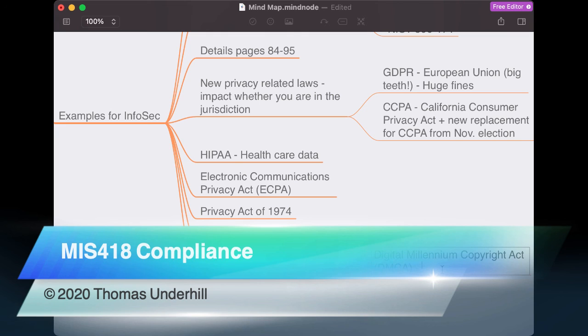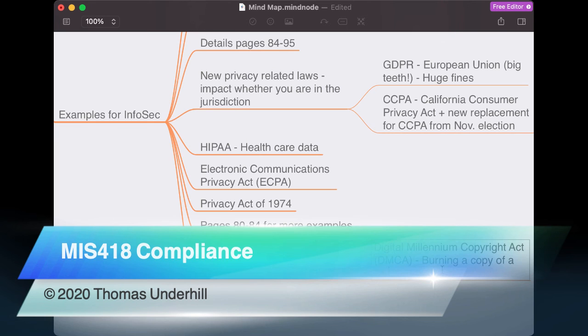And so, for example, burning a copy of a DVD is a violation. So you made a copy of a DVD for one of your friends. Don't be surprised if the FBI comes a knocking on your door. There are other laws, like in Australia, there are similar laws.